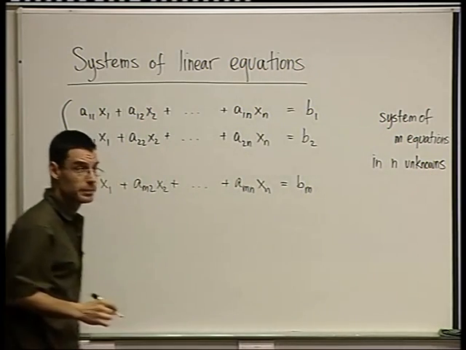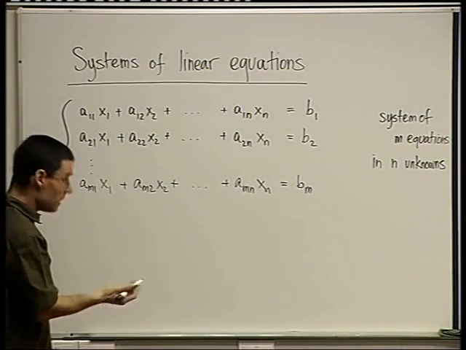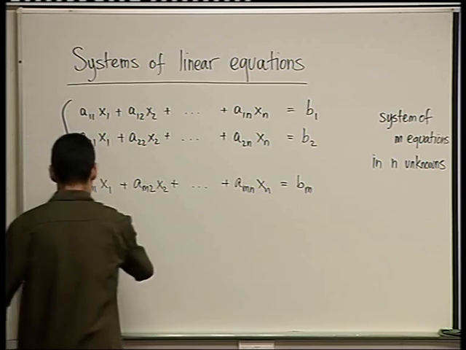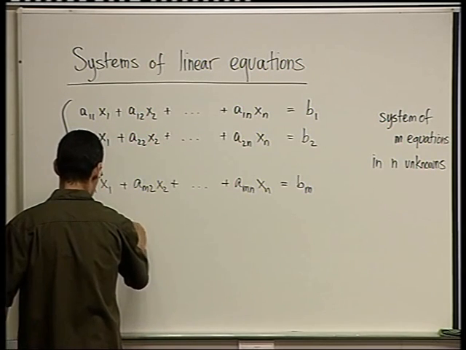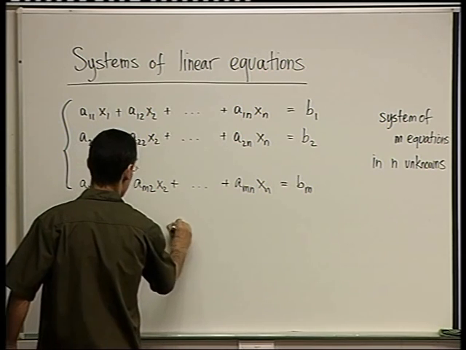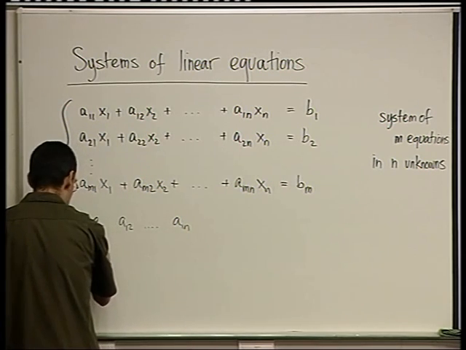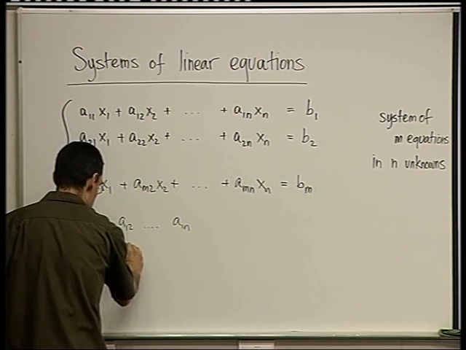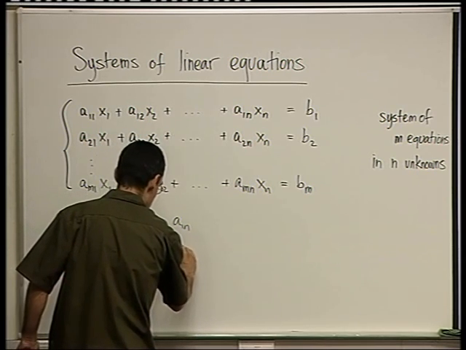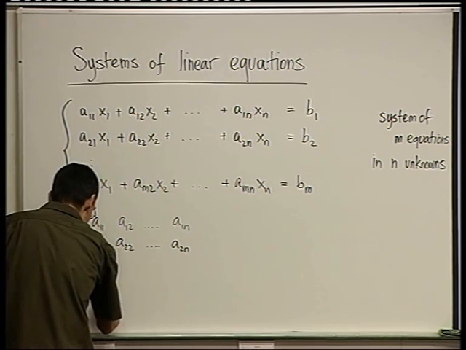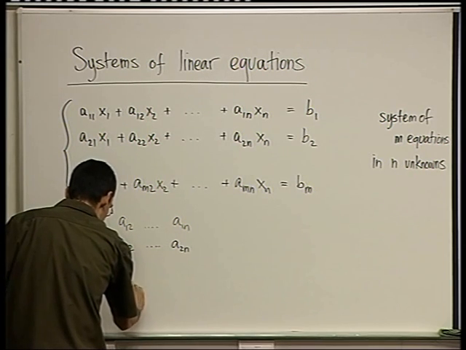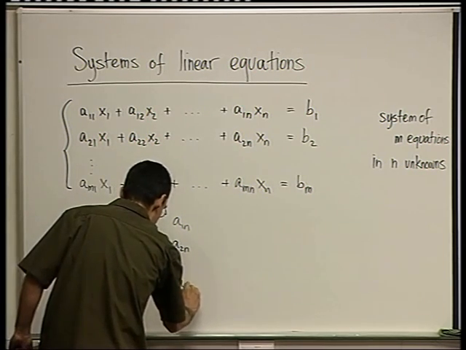Do you agree? This can be rewritten as the matrix with rows A11, A12, ..., A1n; A21, A22, ..., A2n; down to AM1, AM2, ..., AMN.